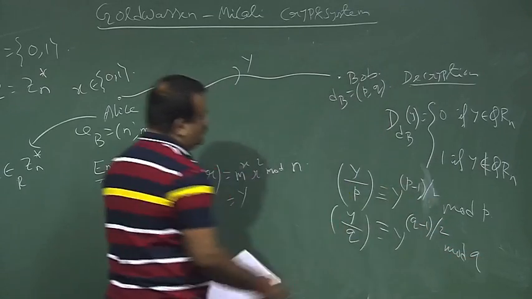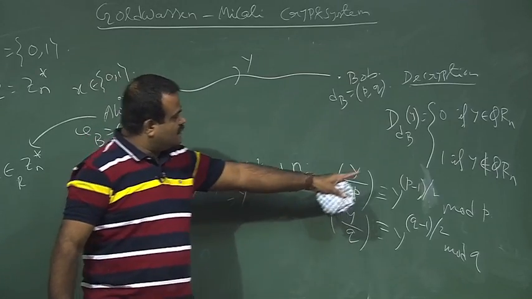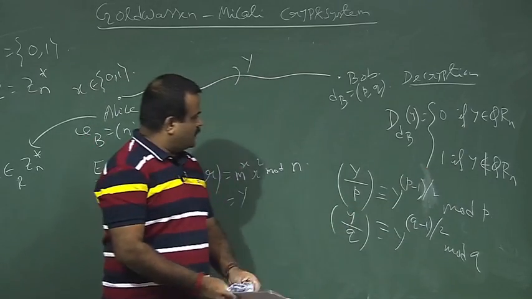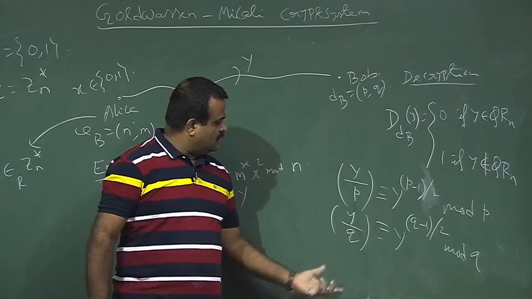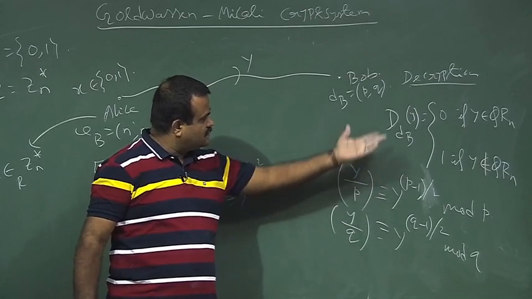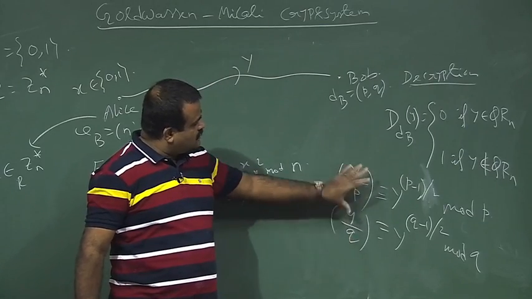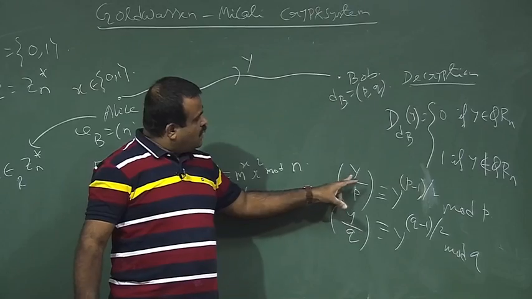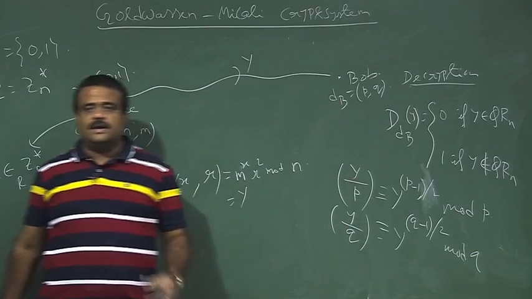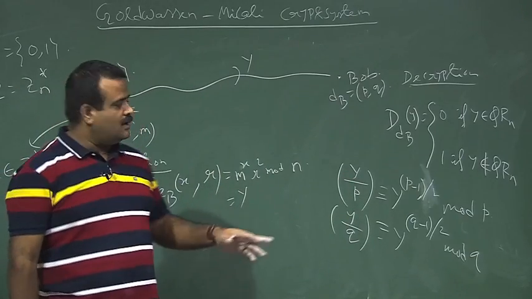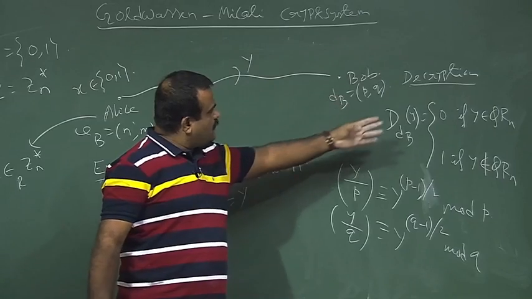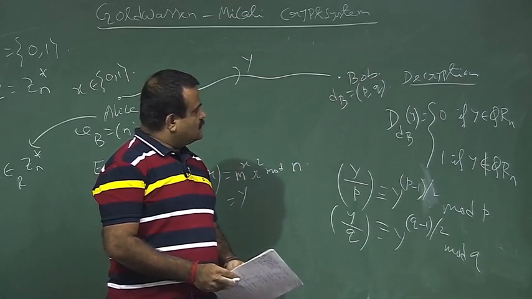If any one of these is not satisfied, then Bob can easily say y is not a quadratic residue, that means the corresponding x is 1. Otherwise, if both are satisfied, then y is a quadratic residue mod n, and Bob will recover x as 0.